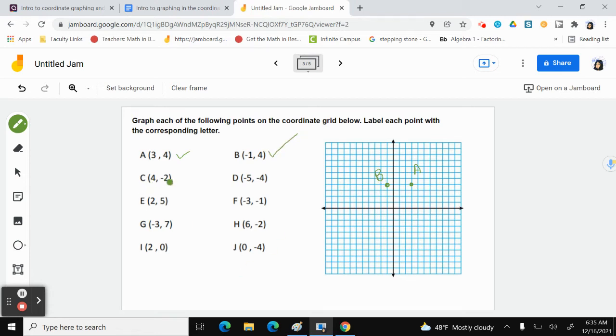C is (4, -2). Starting at the origin. 1, 2, 3, 4 to the right. 1, 2 down. D, (-5, -4). Starting at the origin. 1, 2, 3, 4, 5 left. 1, 2, 3, 4 down.